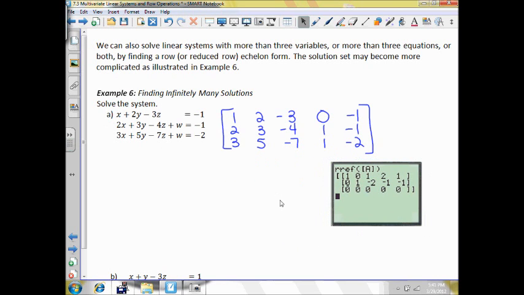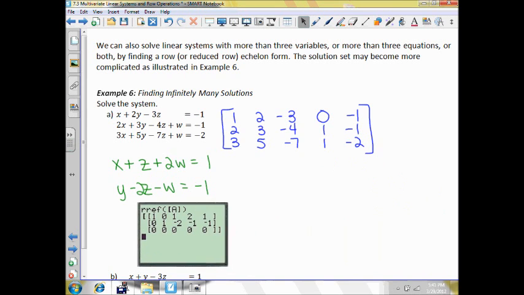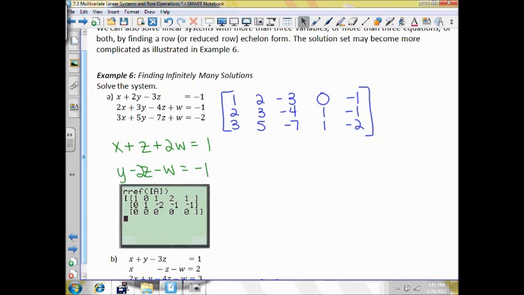So what we can take from that, we can say that x plus z plus 2w equals 1. We can say that y minus 2z minus w equals -1. Solving for both of these, we need to solve for x and for y. That means x will equal -z minus 2w plus 1, and y will equal 2z plus w minus 1.